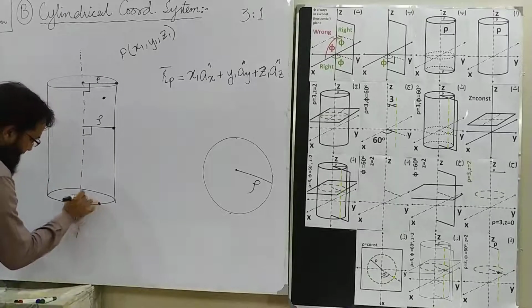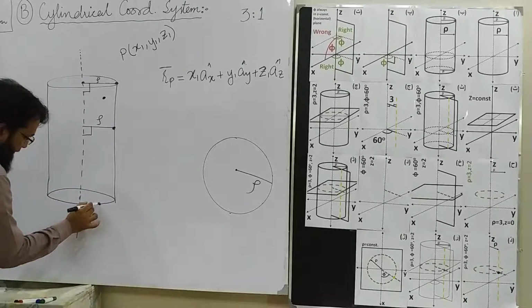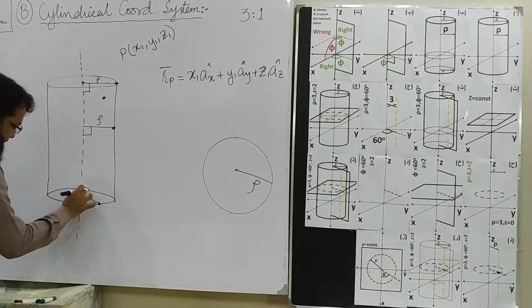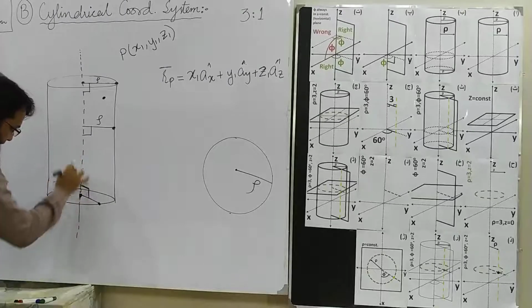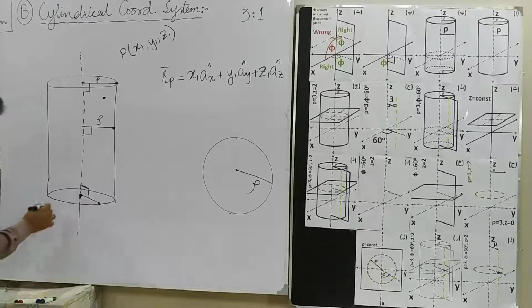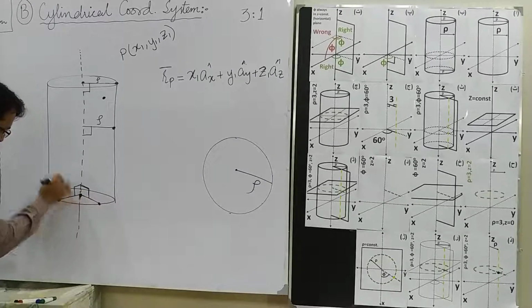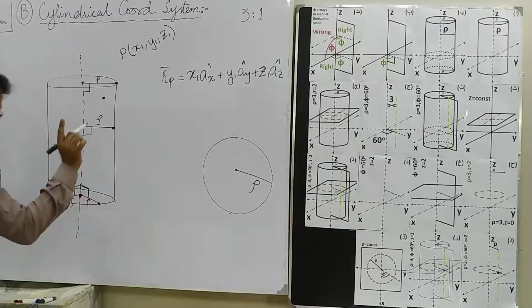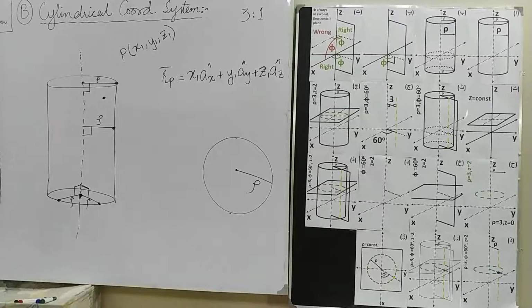Let's say I am at this point, so to find the radius I have to drop a perpendicular on the central line. If I am here, drop a perpendicular on the central line. So now we have got the radius here, okay? So this is a must thing.